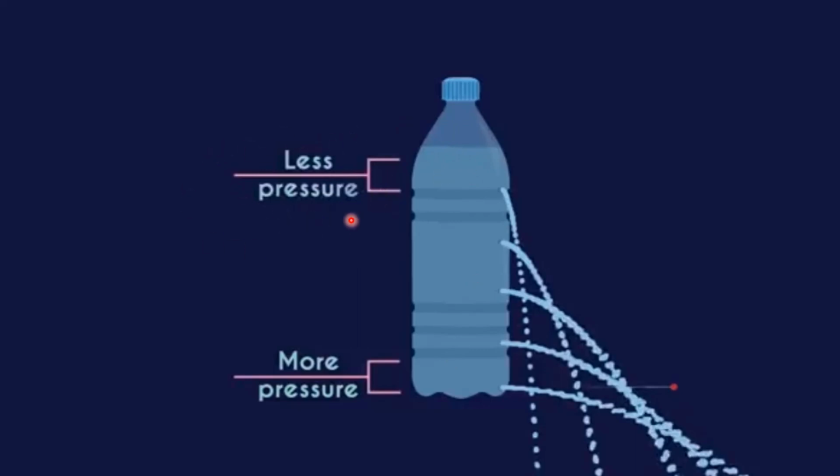So by this example, it is understood that the pressure exerted at the bottommost layer is more because the water is coming out with a greater angle when compared to the water coming out from the topmost layer. So here the angle is lesser, whereas the bottom layer has more angle. Understood? Therefore, I can say the bottommost layer has more pressure compared to the topmost layer.